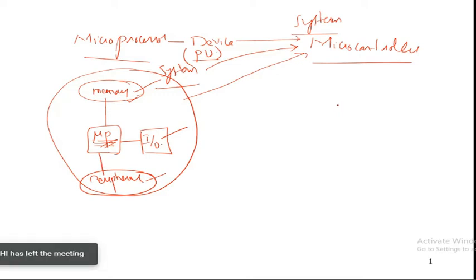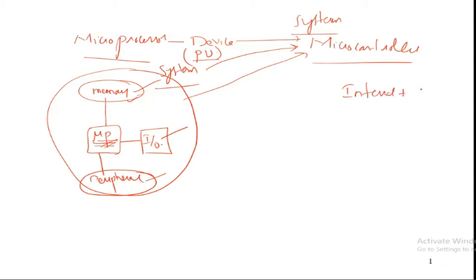Of course, we also have the facility to interface other peripherals to this microcontroller and implement applications that way. That means for a microcontroller, the implementation of applications is both internal and external, whereas for the processor, we can implement applications only by connecting external devices.